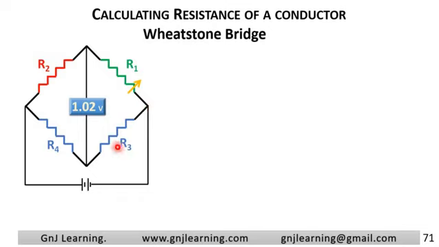and among the 4 resistances, R1 and R2 are in series. They are connected in series with the battery. Similarly, R3 and R4 are also connected in series with the battery, but the series connection R1 R2 is parallel with R3 and R4.